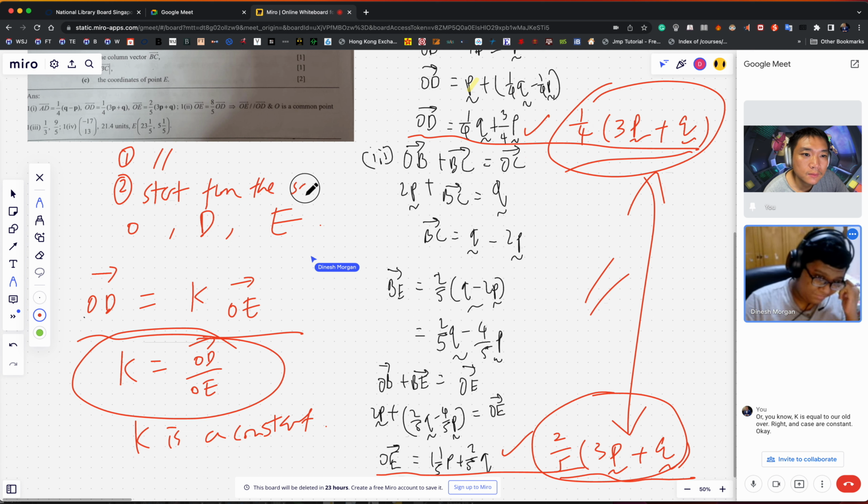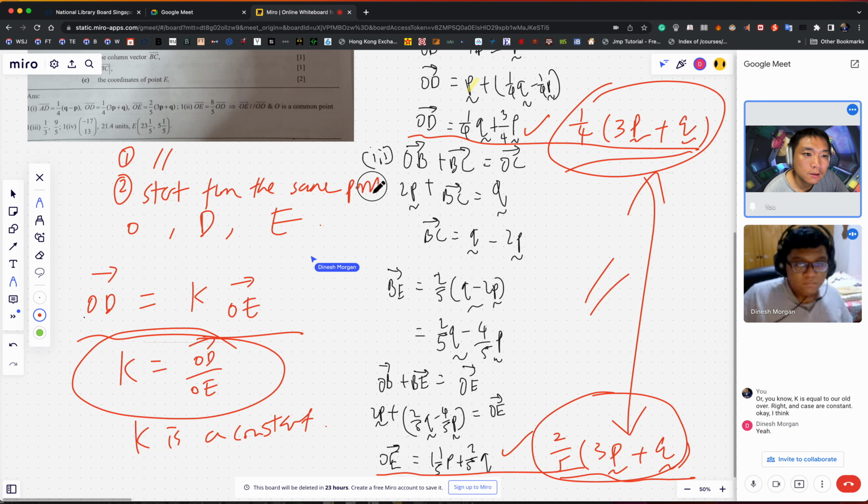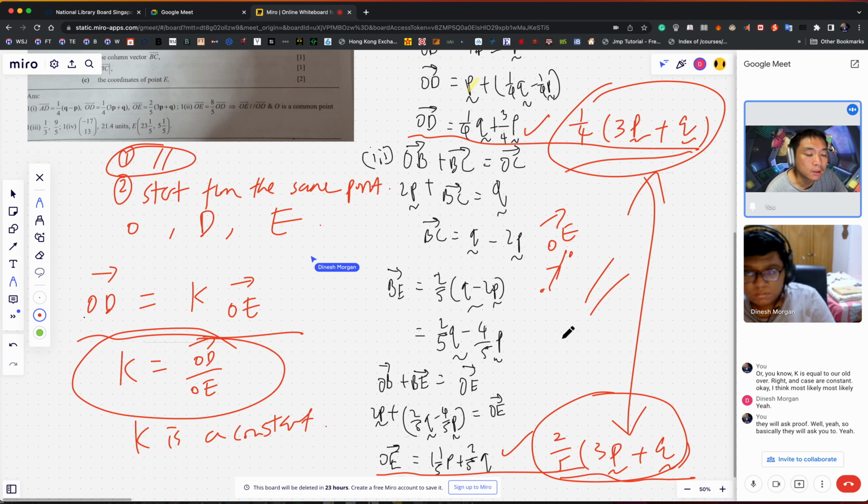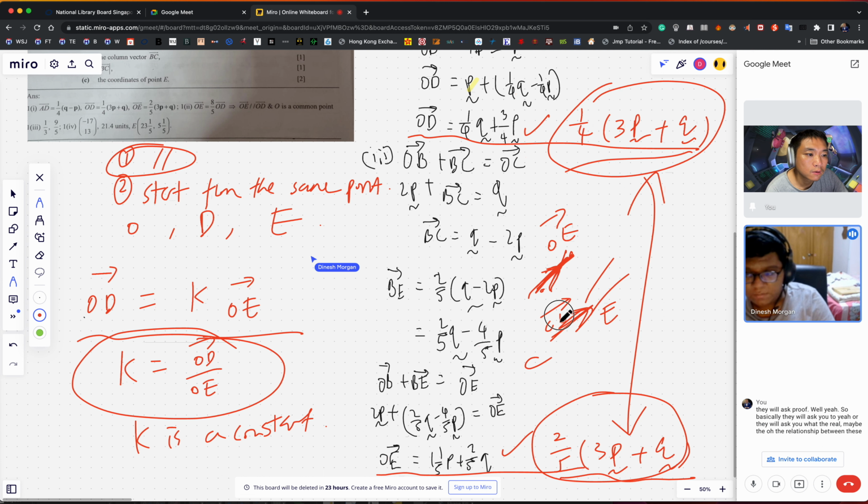If you have parallel, it's not good enough, because parallel can be OE, then it can be CE. Wait, that wouldn't be parallel.